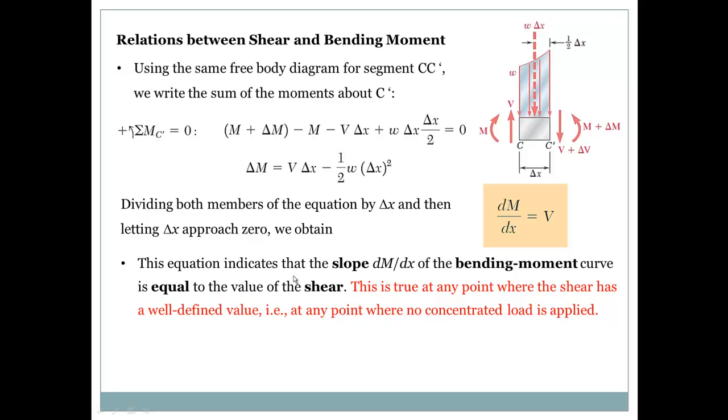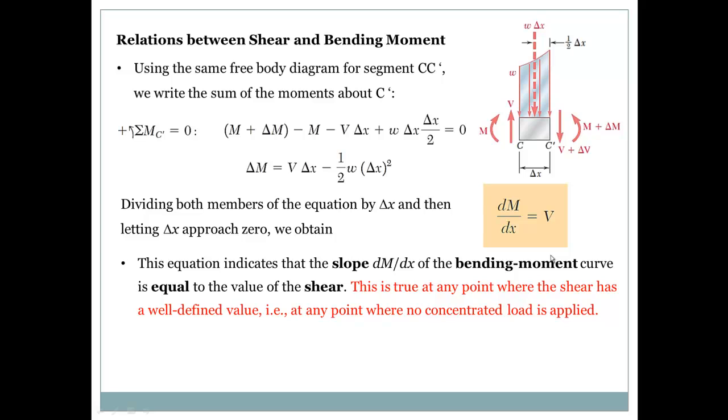This equation indicates that the slope dM over dx of the bending moment curve is equal to the value of the shear. This is true at any point where the shear has a well-defined value, i.e. at any point where no concentrated load is applied. So again, the slope dM over dx of the bending moment diagram is equal to the shear.